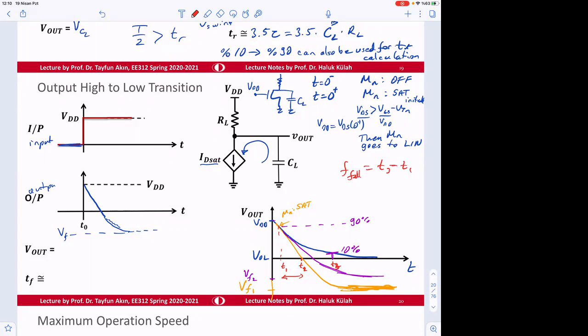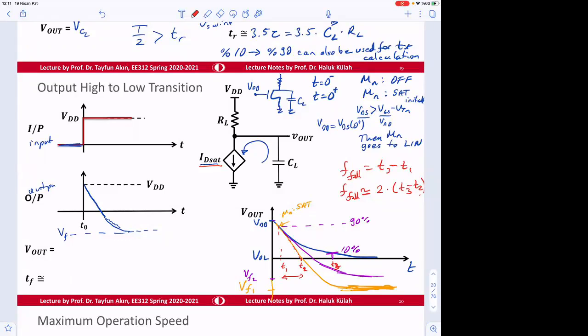But, you know, we can say that T fall is about 2 times T3 minus T2. So we can assume that the current here is kept in SAT. Okay.